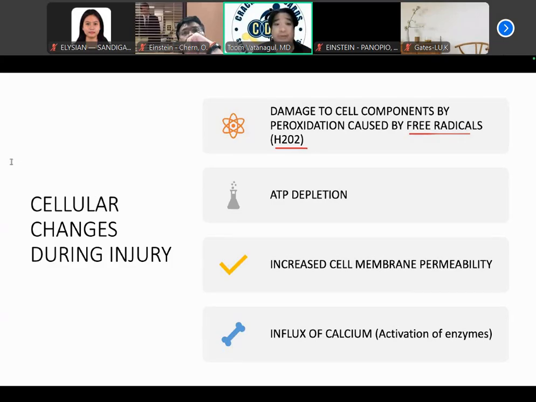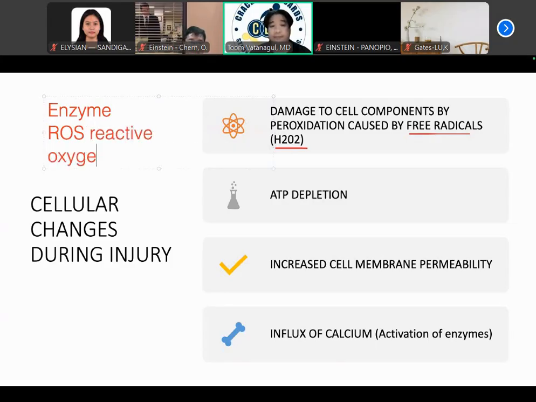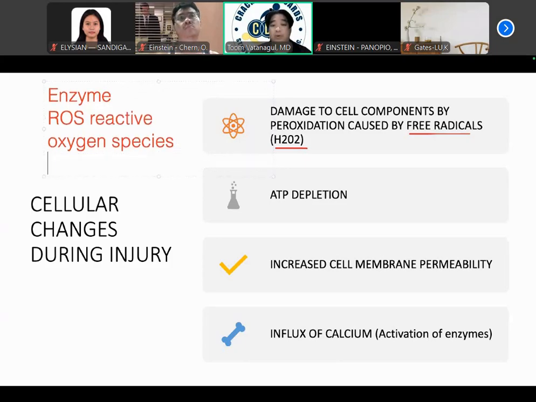Now question, what is the famous enzyme associated with free radical formation, or what we call ROS, the reactive oxygen species? What is that enzyme aside from the peroxidases? Give me one famous enzyme, aside from the peroxidases. This is what we call SOD. Can anyone tell me what the meaning of SOD is? What is that enzyme? SOD. That is superoxide dismutase.